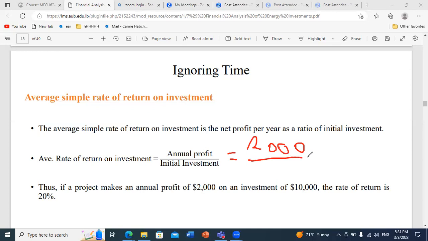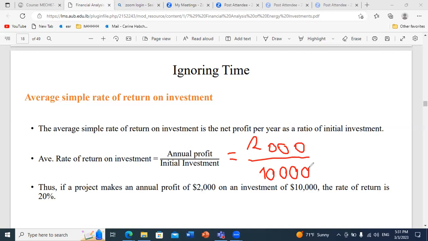And of course, the larger the percentage, the rate of return on investment, the better the economic viability of the project, because in this case we can pay back the investment in a very short period when we have a high initial percentage.